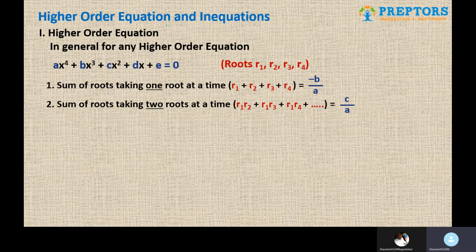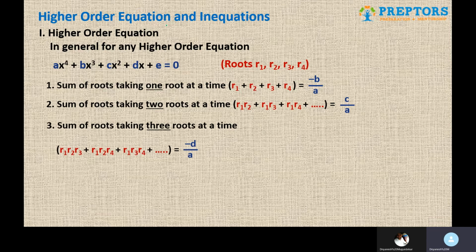Taking two at a time, c by a. You'll just have to make the groupings accordingly: r1 r2, r2 r3, r3 r4, r1 r3, r1 r4, r2 r4, and so on. Then 3 at a time will be minus d by a, and 4 at a time, which is also called the product of the roots, will be e by a.